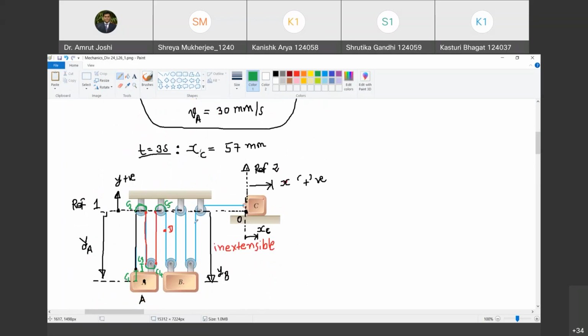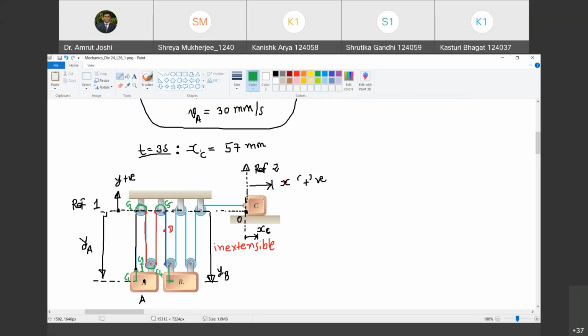Let's move ahead. Now what can you say about this length? How much is this? Tell me. Will it be the same as the previous ones we calculated? No. Now YB comes into the picture. Are you with me? Yes, sir. This will now be YB minus this distance.